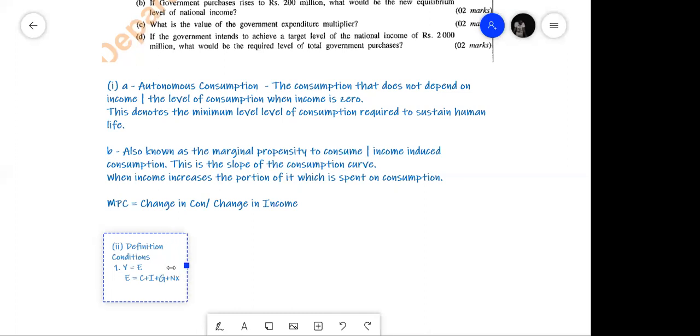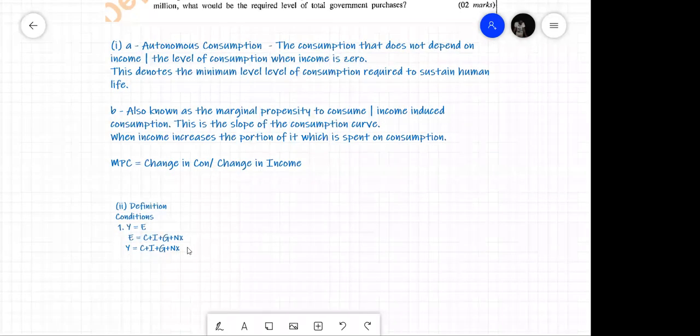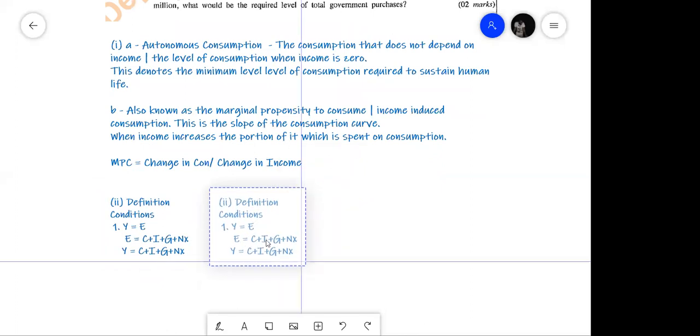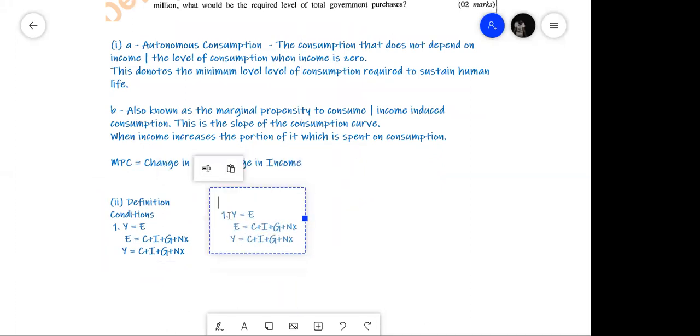So therefore, Y is equal to C plus I plus G plus net exports. So you can give in one condition that way. So remember, when they're asking you conditions for an open economy, you need to give in the components with an open economy perspective. And then the second condition that you can talk about is the withdrawals equals injections.